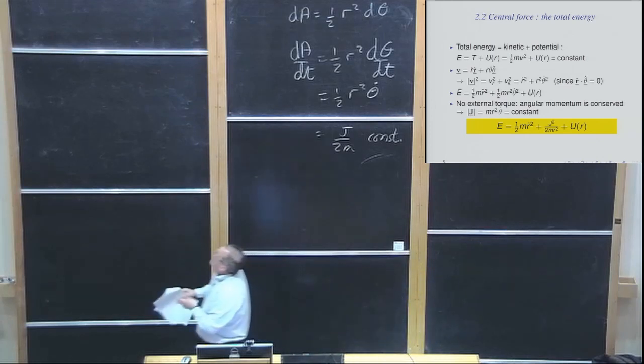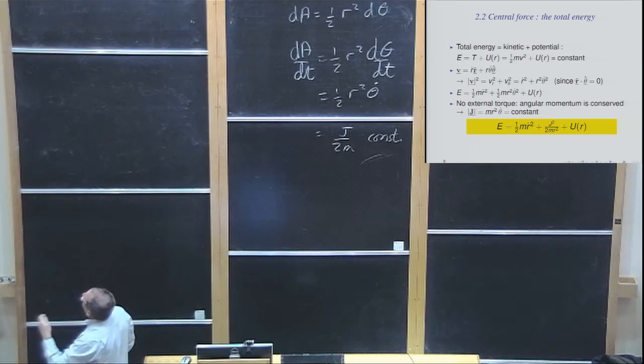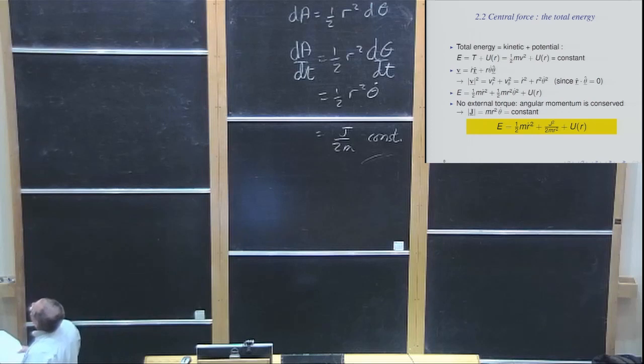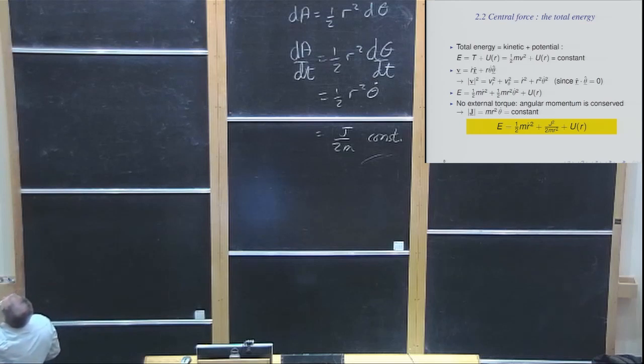Something which is incredibly insightful is to think about what the energy of a particle under a central force is. So the energy is clearly given by the sum of the kinetic energy and the potential energy.